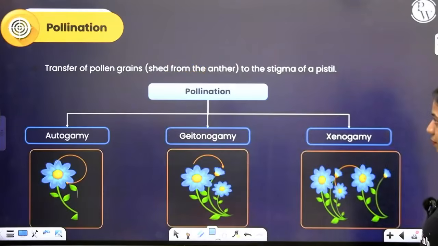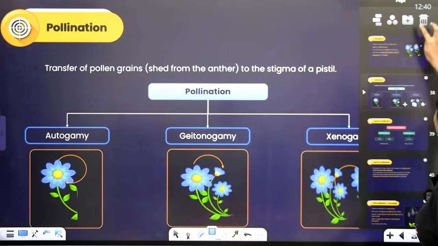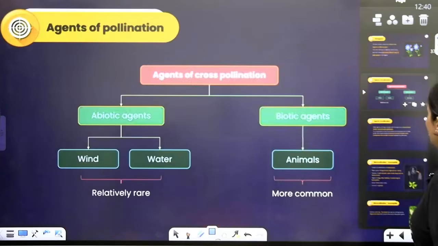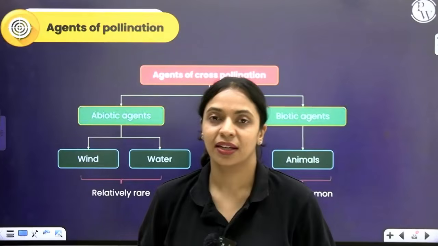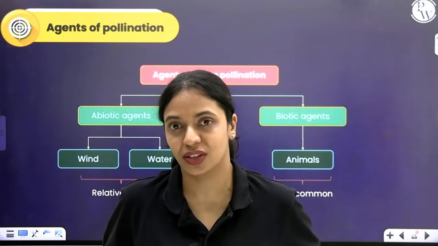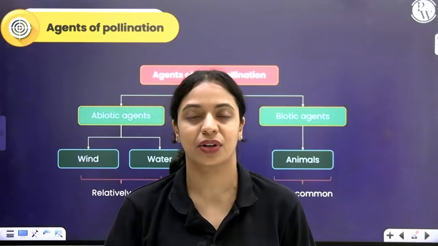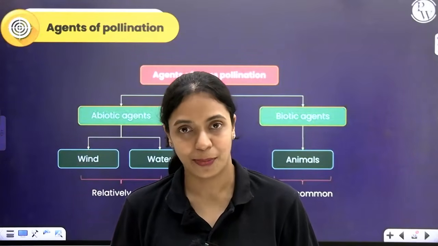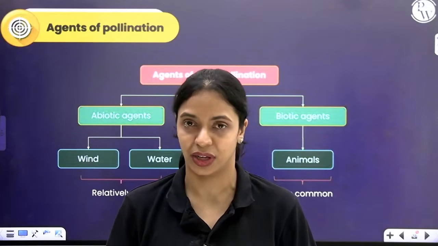Okay. Now we have to understand how, if cross-pollination happens, by what agency is the pollen grain getting transferred? Because pollen grains don't have locomotory structures, they don't have legs to walk, they don't have cilia or flagella. If they have to be carried to a different plant or a different flower, then it has to happen by some external agency, either wind, water, bird, insect, whatever.